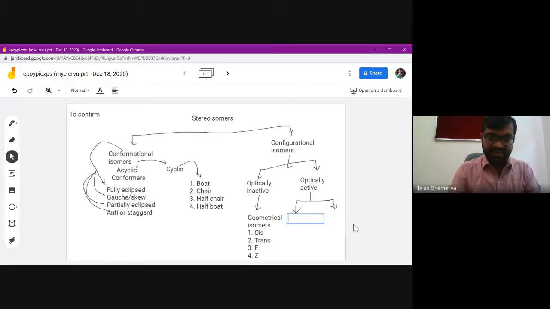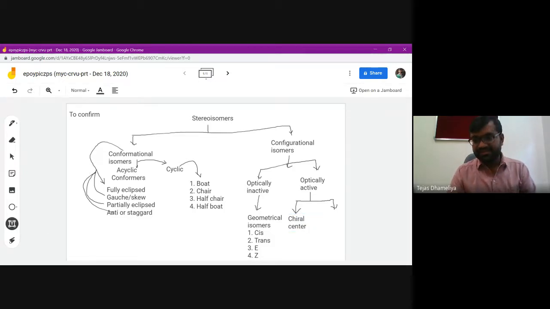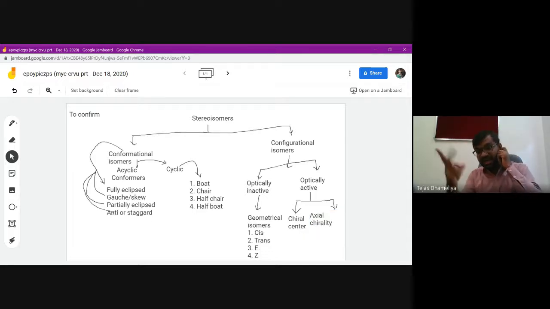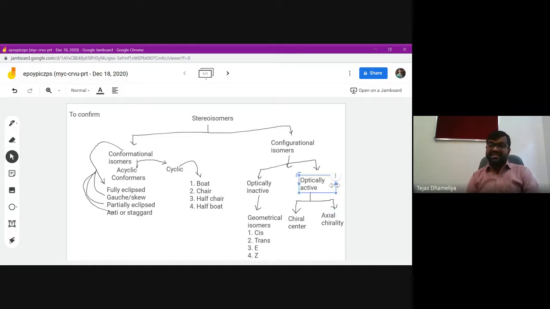Okay, you have heard this name, chiral. Other compounds possess axial chirality. So these are the two types of isomers: chiral center and axial chirality.